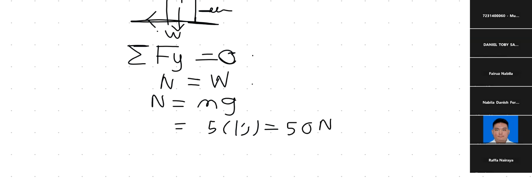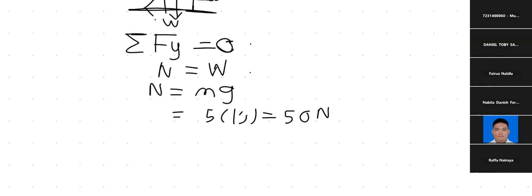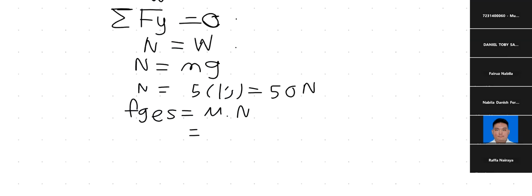So now, take a look at the friction. The coefficient is 0.2. 0.2 is 1/5 times 50. So that should be equal to 10.